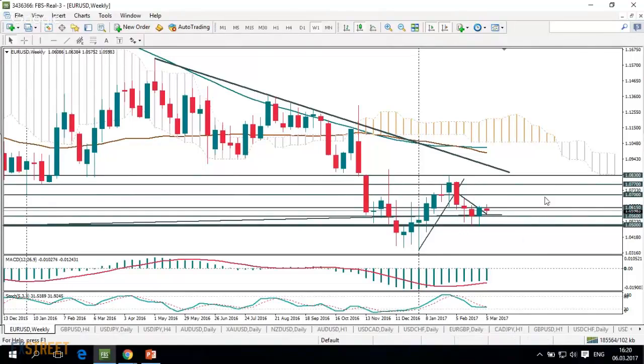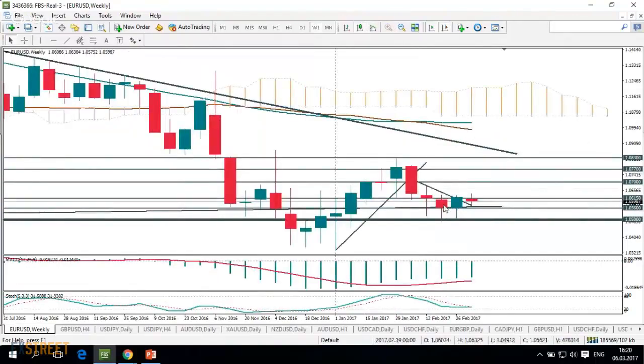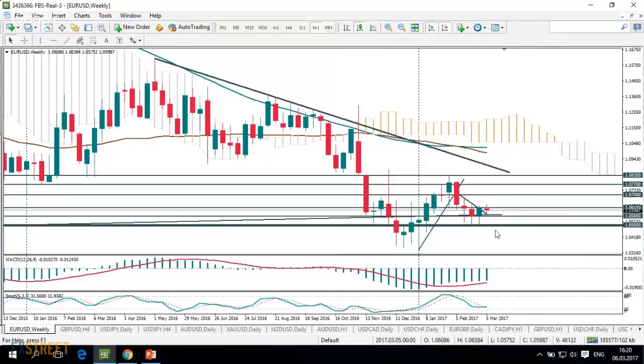dollar. And actually, we see that this candle last week almost engulfed the previous week's candle, which shows us that the euro does have some support.